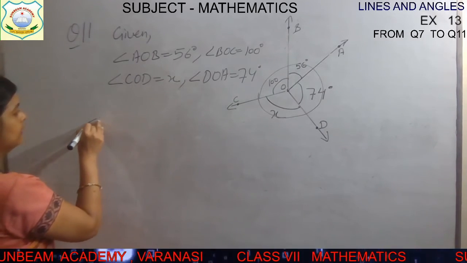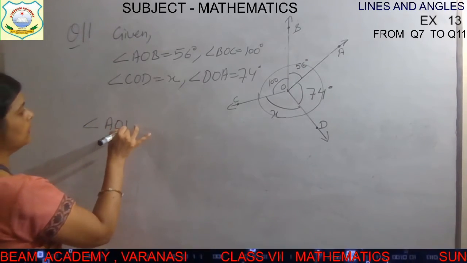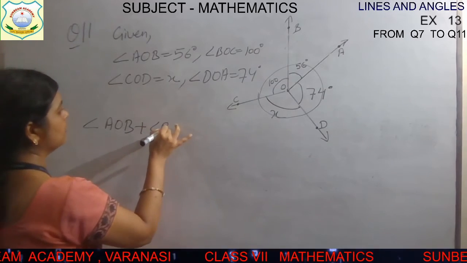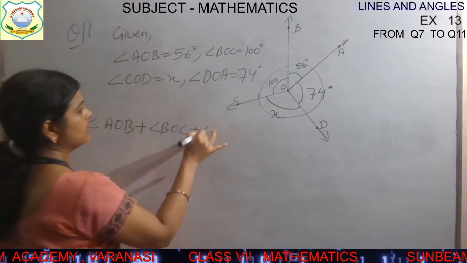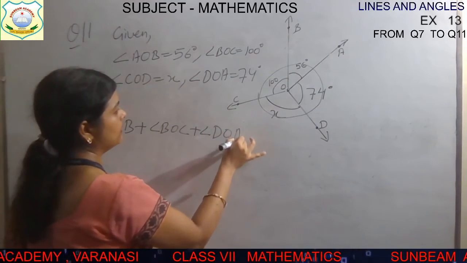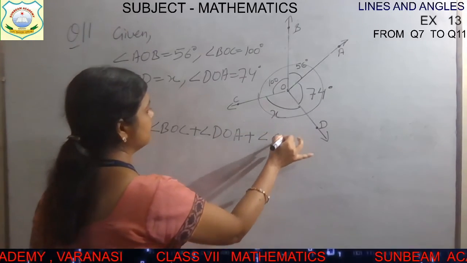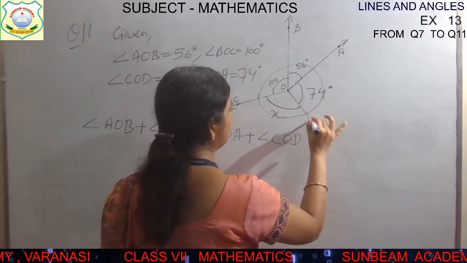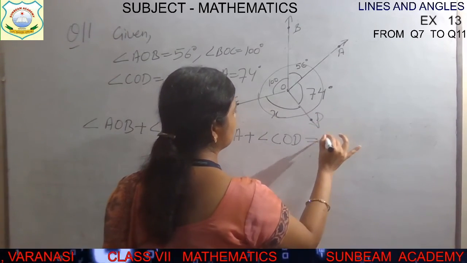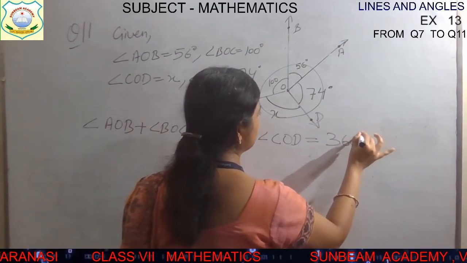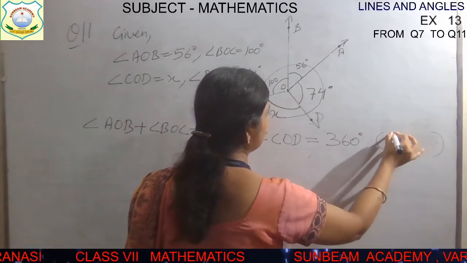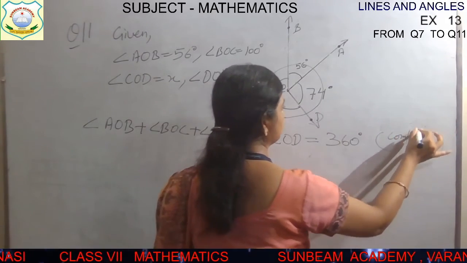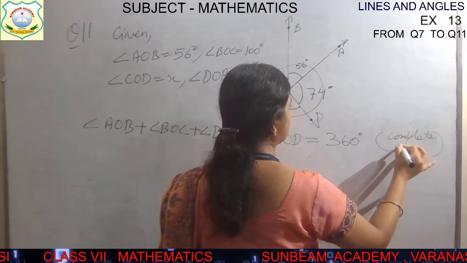Now angle AOB plus angle BOC plus angle DOA I am writing first, and COD, this all will be equal to how much? It is equal to 360 degree. Here we will write: making a complete angle.